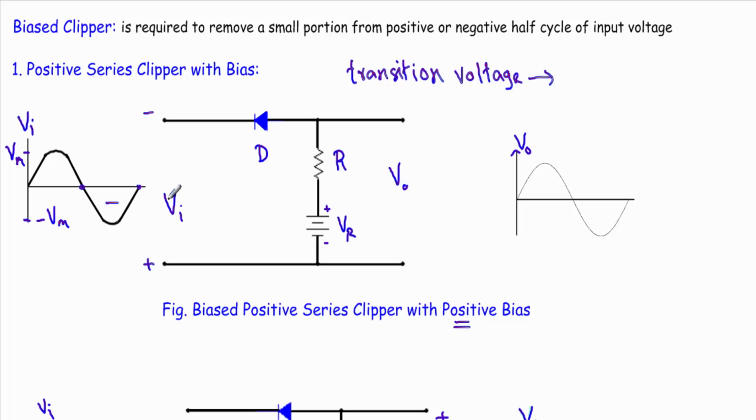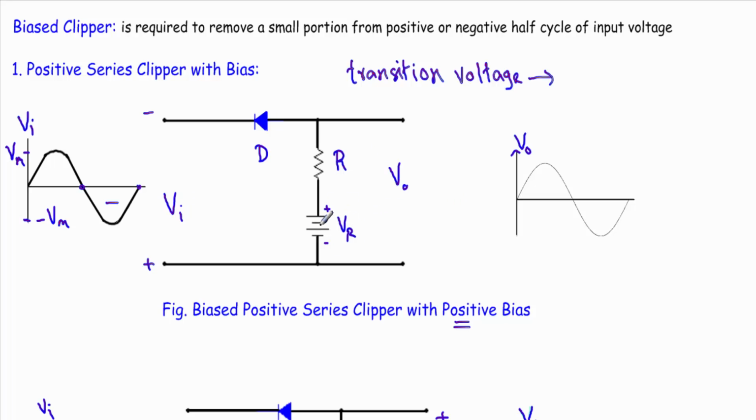So if I consider this input voltage, the positive terminal of the input voltage is connected with the P side of the diode, and the negative terminal is connected with the N side of the diode. That means this input voltage will drive the diode in forward bias.